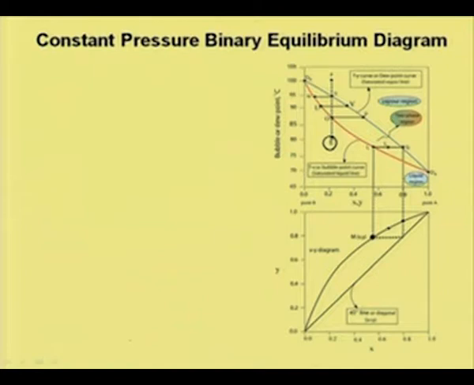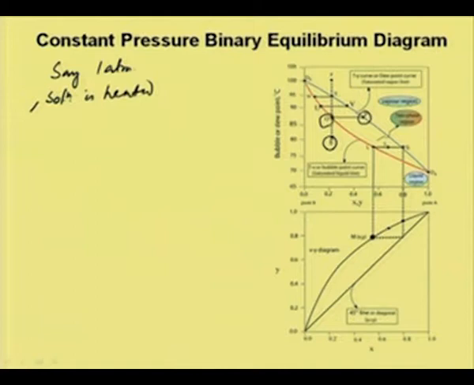Now, if we consider a liquid at point E in a closed vessel and kept at constant pressure, say 1 atmosphere, and the solution is heated, then the first drop of vapor will form at O, and it will have the composition at P, which is richer in the more volatile component.